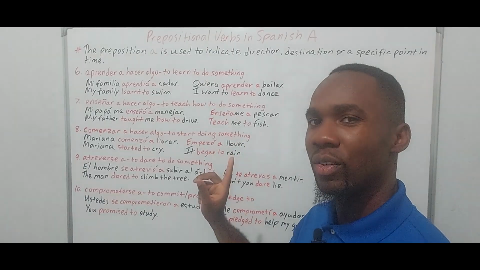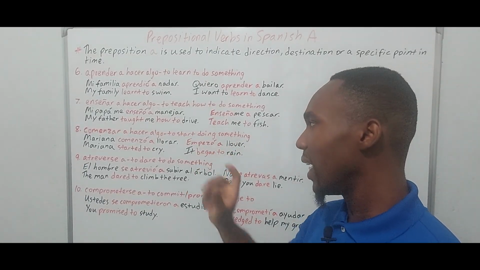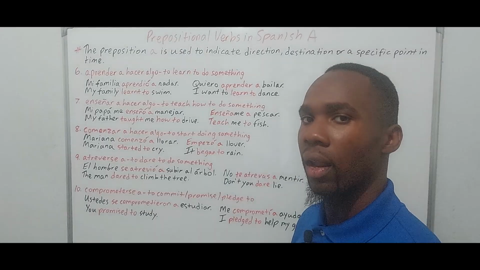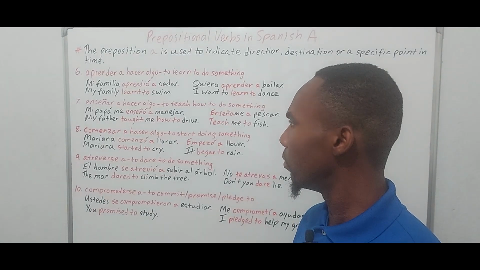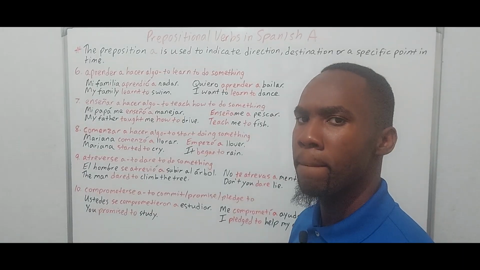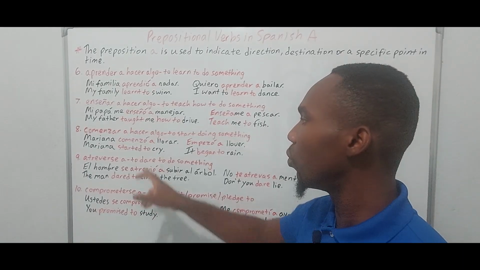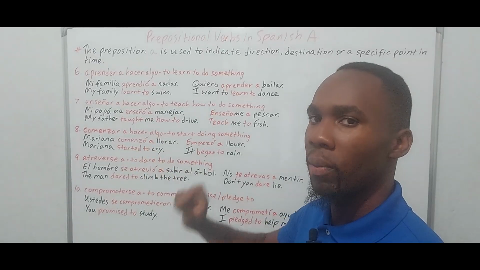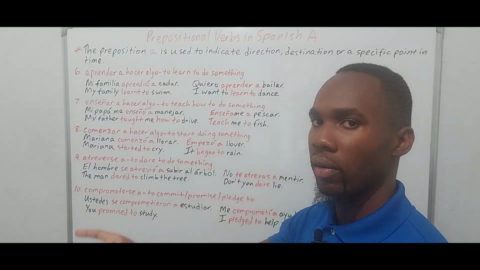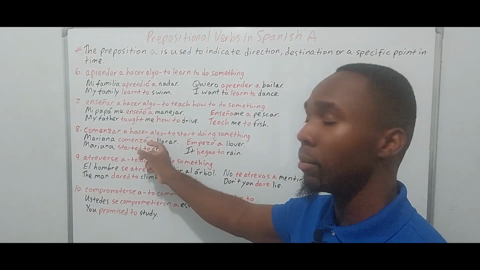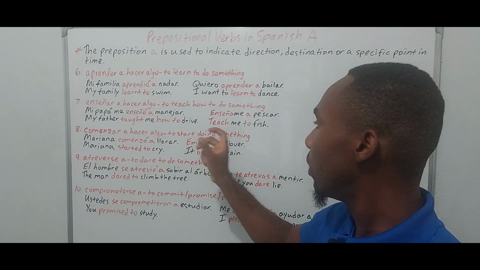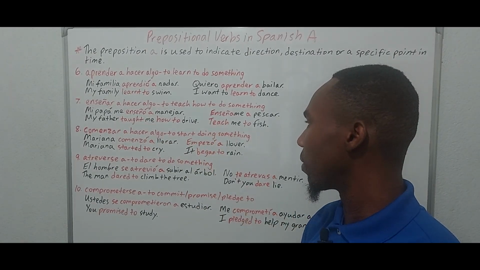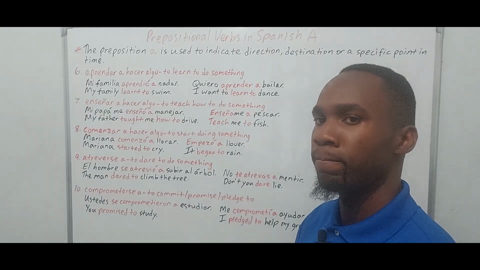So a lot of times students forget this too. Mariana comenzó a llorar. Mariana started to cry. Many students would omit the a. They would say Mariana comenzó llorar. No. Comenzó a llorar. So you have to put the a before the infinitive, okay? Empezó a llover. It began to rain.